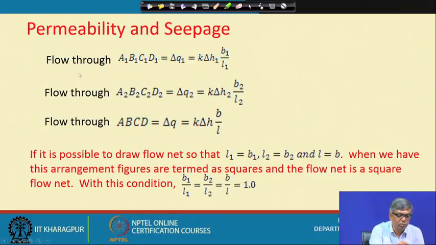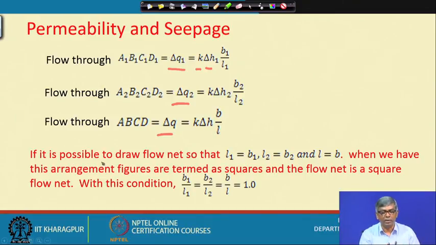If I consider this, then you can see flow through A1 B1 C1 D1, del Q1 will be k times del H1 B1 by L1, and flow through A2 B2 C2, del Q2, if I consider, then k del H2 B2 by L2, and flow through ABCD, which I can say del Q is k del H B by L. Now, I can draw the flow net in such a way that L1 will be equal to B1, L2 equal to B2, L equal to B. That means, what I have to do?